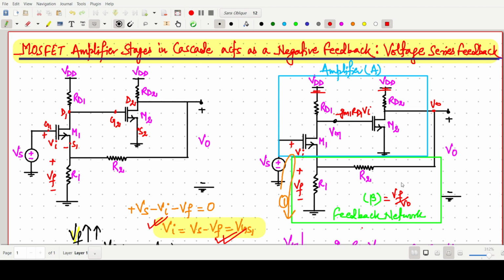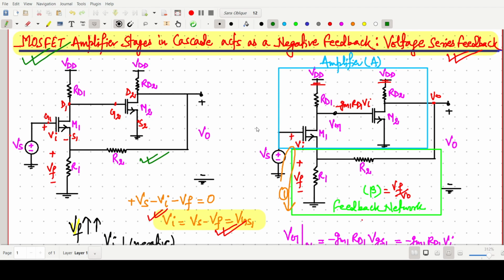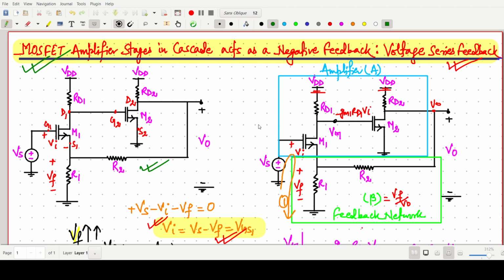Every time V naught will increase. This is an example of two MOSFET amplifiers connected in cascade, where the output of one is connected to the input of another. This gives a voltage series feedback, and it is a good example of negative feedback. I have taken this from the Microelectronics Advanced book. Thank you for watching this video.